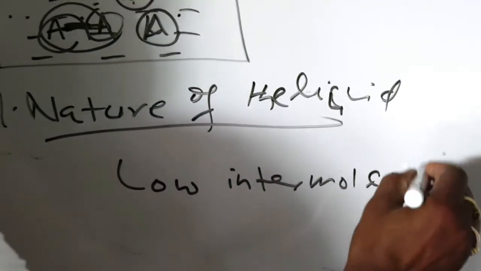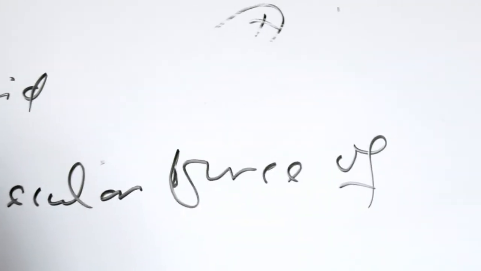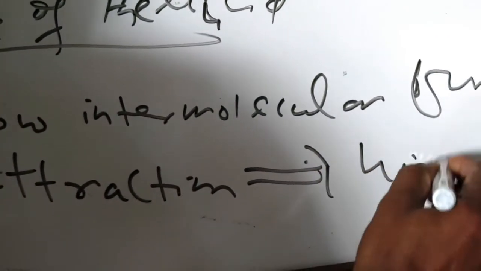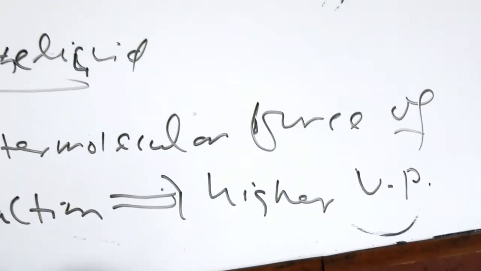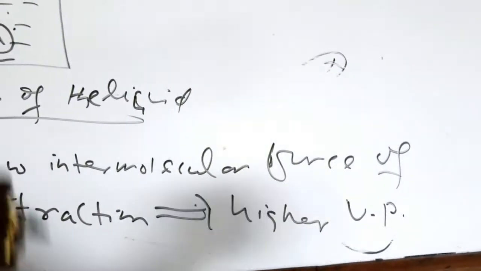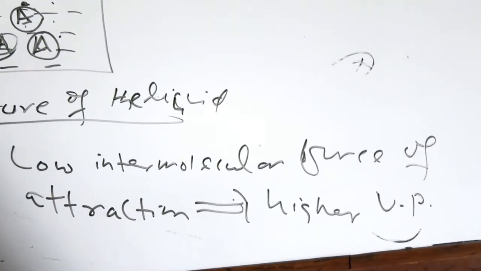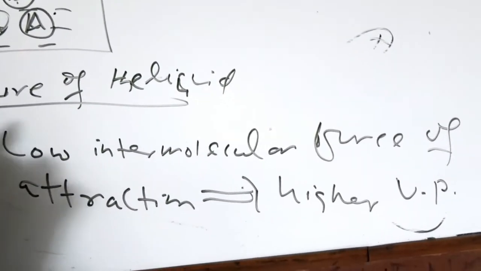Low intermolecular force of attraction implies higher vapor pressure. If intermolecular force is very high, then it is lesser vapor pressure. So we can say the liquids having very low intermolecular force of attraction are said to be volatile liquids and can evaporate easily. This is the factor, nature of the liquid.